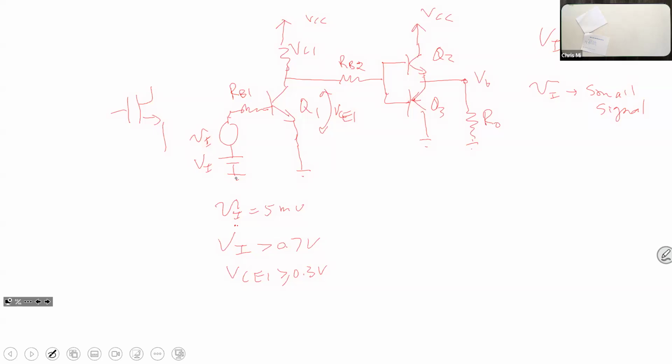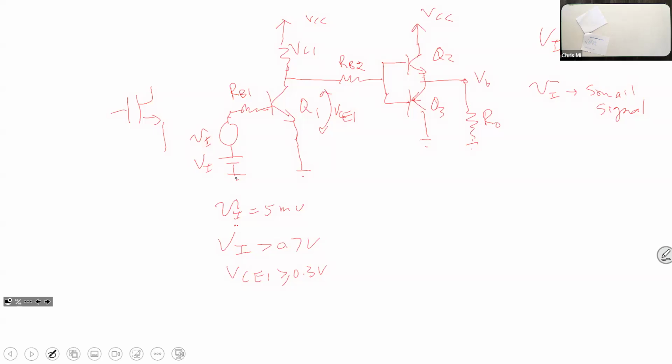Does it have to be sinusoidal? It doesn't have to be sinusoidal, but it's always an AC signal. It's like a DC coupling situation where we add a DC offset, and later we can take off the DC. Yeah, exactly.